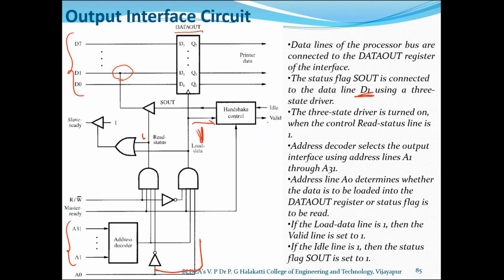As it is connected here, the valid line will also be equal to 1. If the idle line is 1, then the status flag sout is set to 1. So sout will be set to 1.